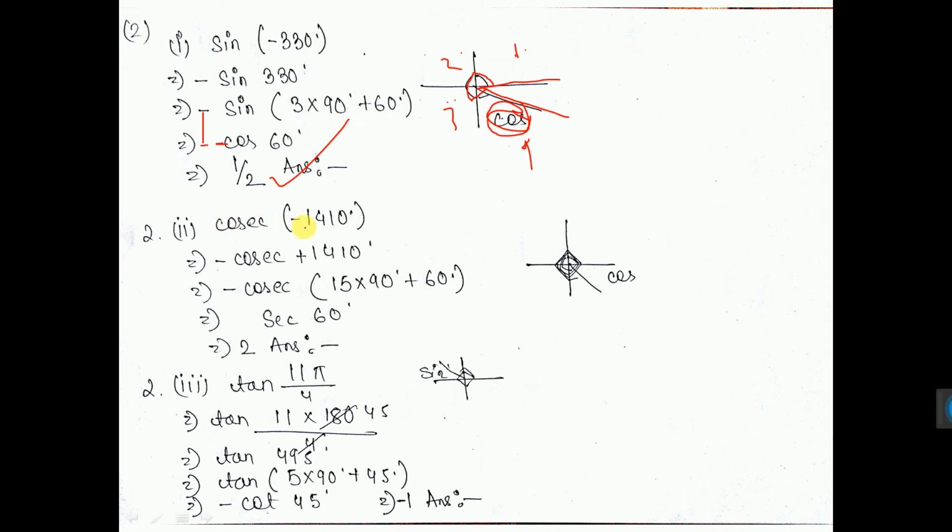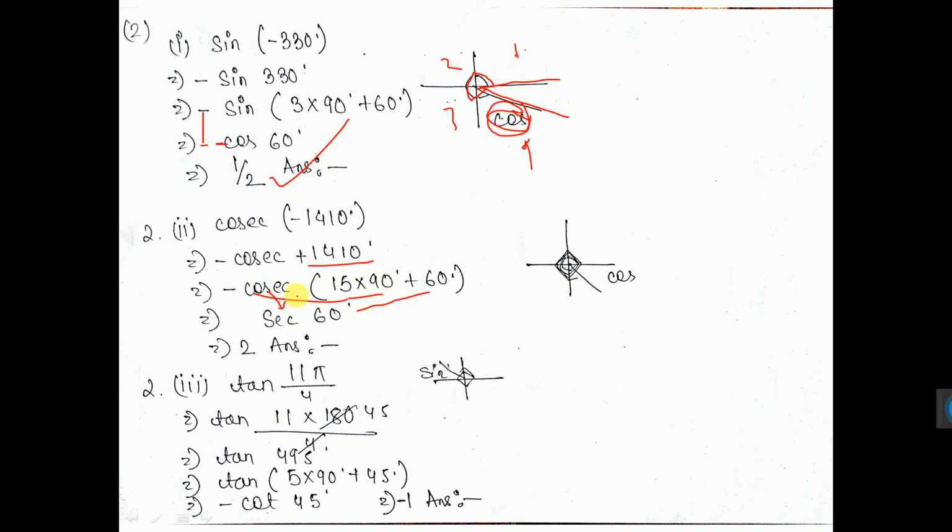The next one: cosec minus theta means minus cosec theta. This is the formula. Now this can be written as 15 into 90 plus 60 degree. Since cosec has an odd multiple, cosec will become sec, theta meaning 60 degree.